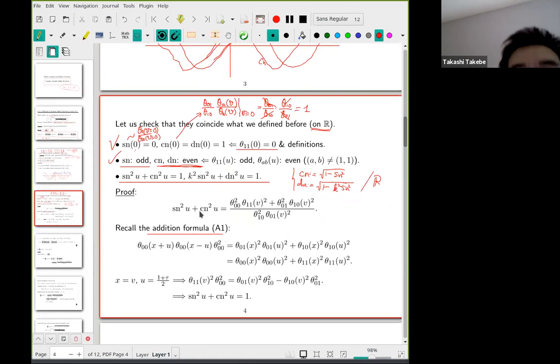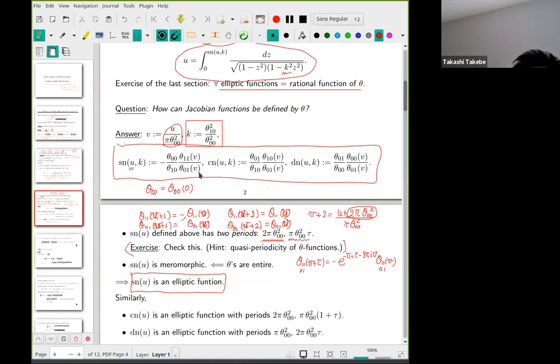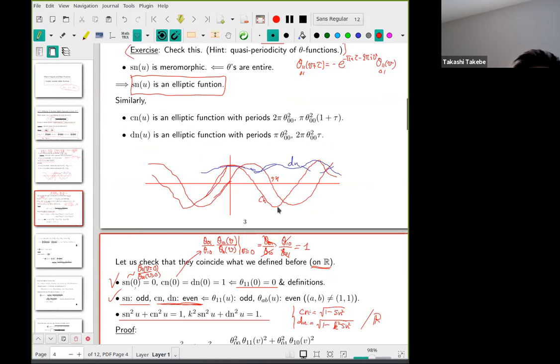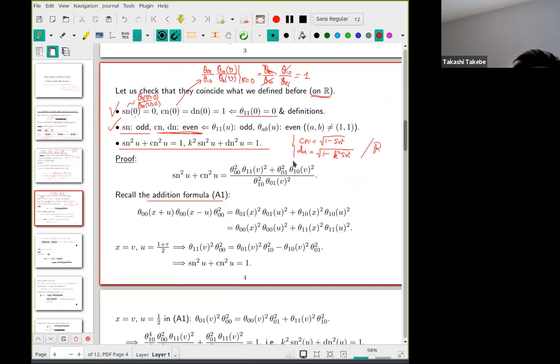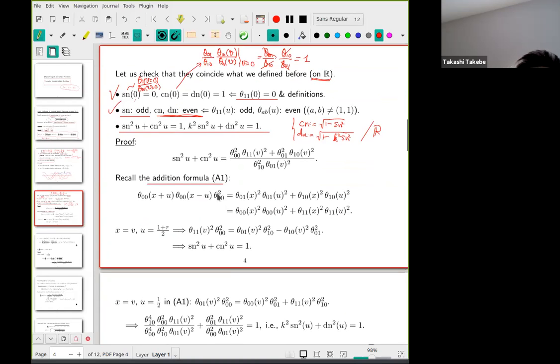Actually, first let's consider the first one. By definition, we have such an expression by thetas. So what we want to show is that the numerator is equal to the denominator. But recall the addition formula.